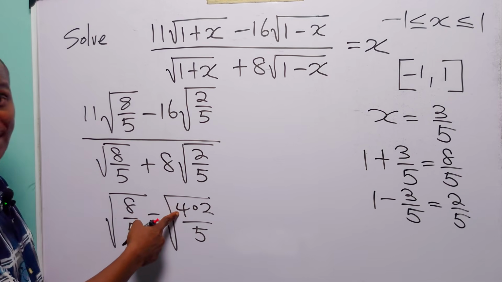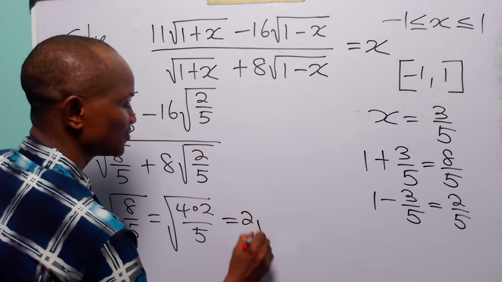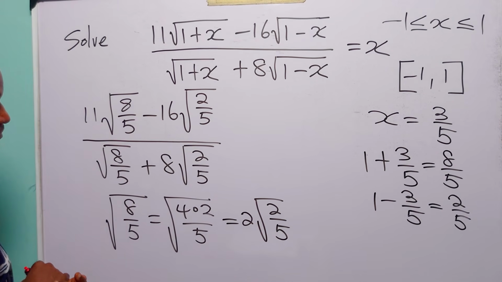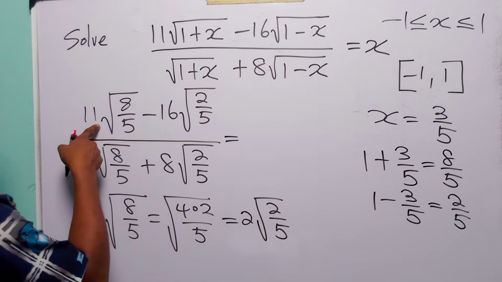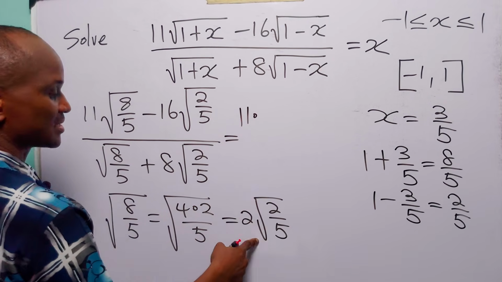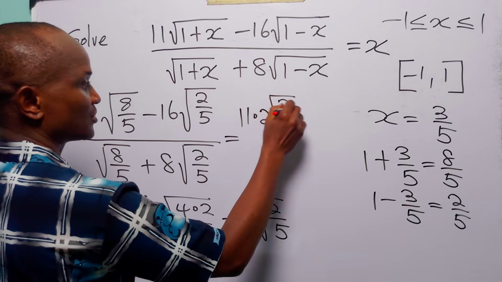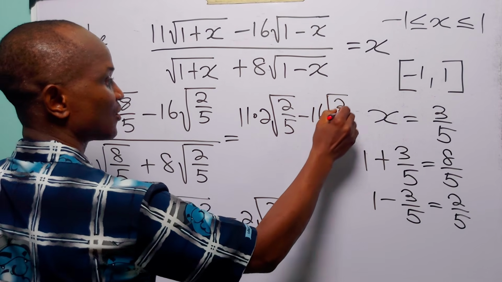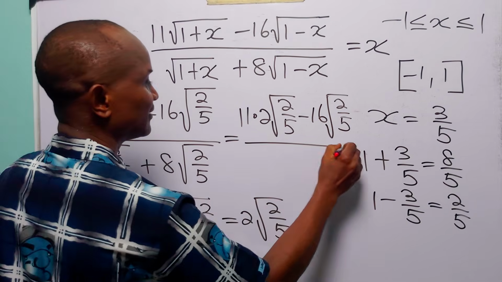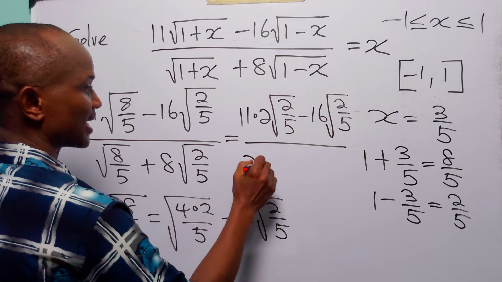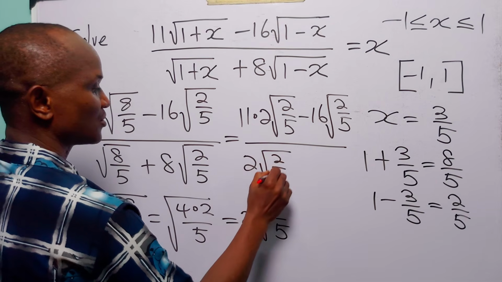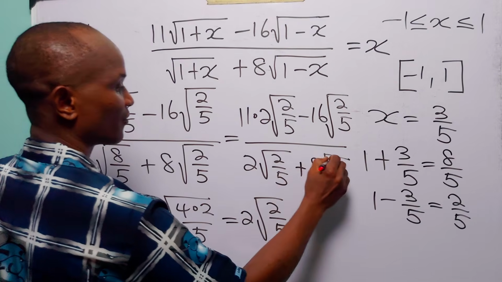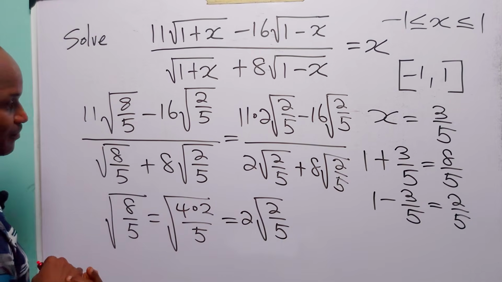And the square root of 4 is equal to 2. So this is 2 times the square root of 2 over 5. So this is equal to 11 times 2 times the square root of 2 over 5 minus 16 times the square root of 2 over 5, divided by 2 times the square root of 2 over 5 plus 8 times the square root of 2 over 5.